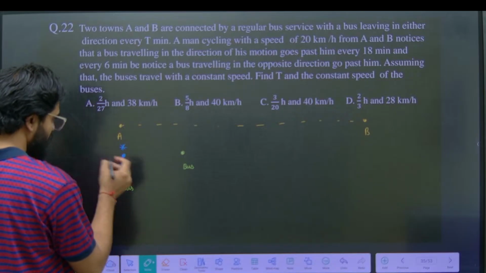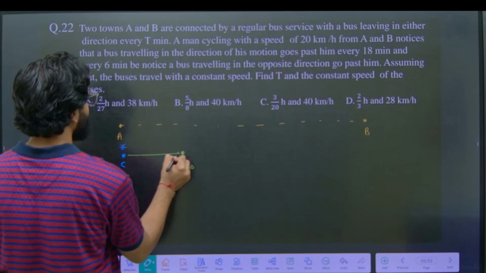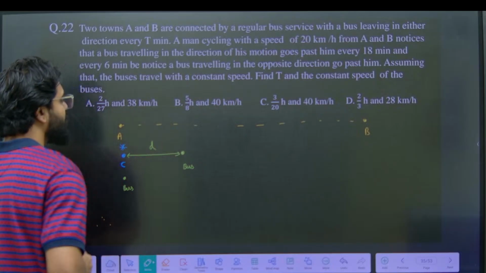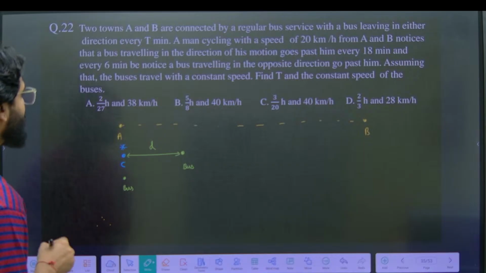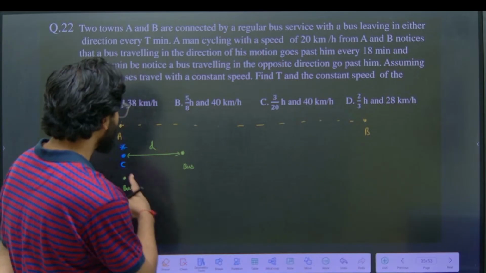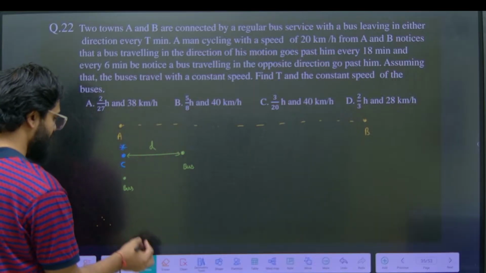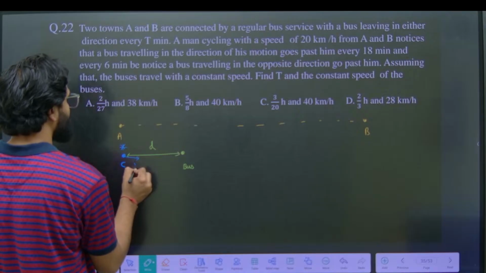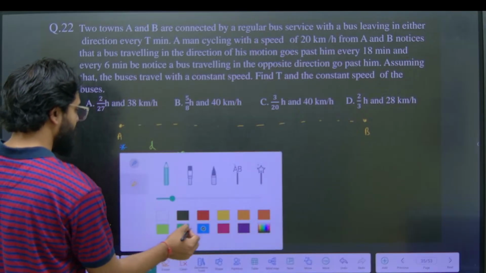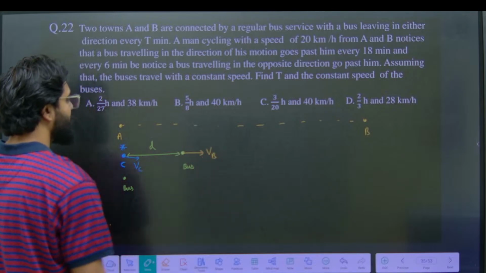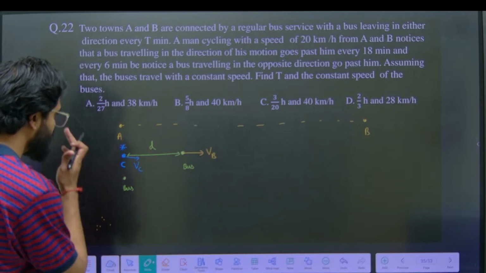So we know that time is non-relative. Let's say this is the distance between the buses, d, and in the relative frame the time will be the same. The cyclist was moving with a certain velocity, let's call it vc, and the bus with velocity vb.